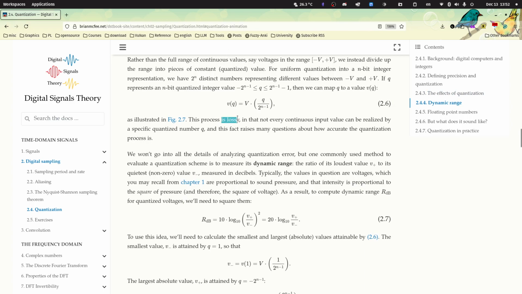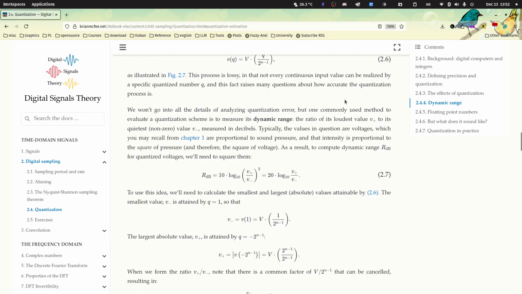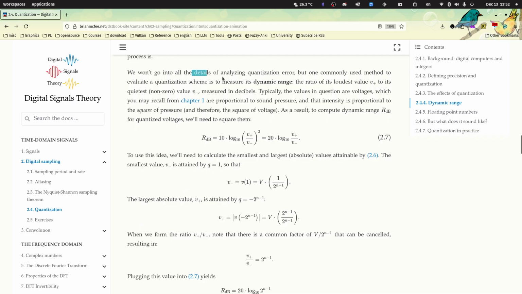This process is lossy, in that not every continuous input value can be realized by a specific quantized number q. And this fact raises many questions about how accurate the quantization process is. We won't go into details about quantization error, but one commonly used method to evaluate a quantization scheme is to measure its dynamic range: the ratio of the largest value to the smallest non-zero value.